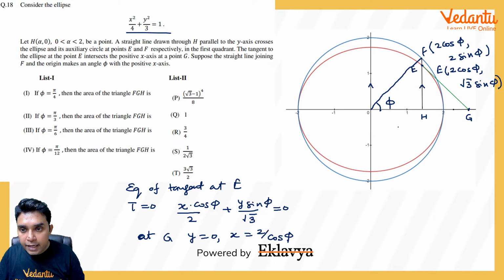Okay, now this H point will also have the same x coordinate as that of E and F, y coordinate 0, and G will have x coordinate 2 upon cos phi, y coordinate 0.